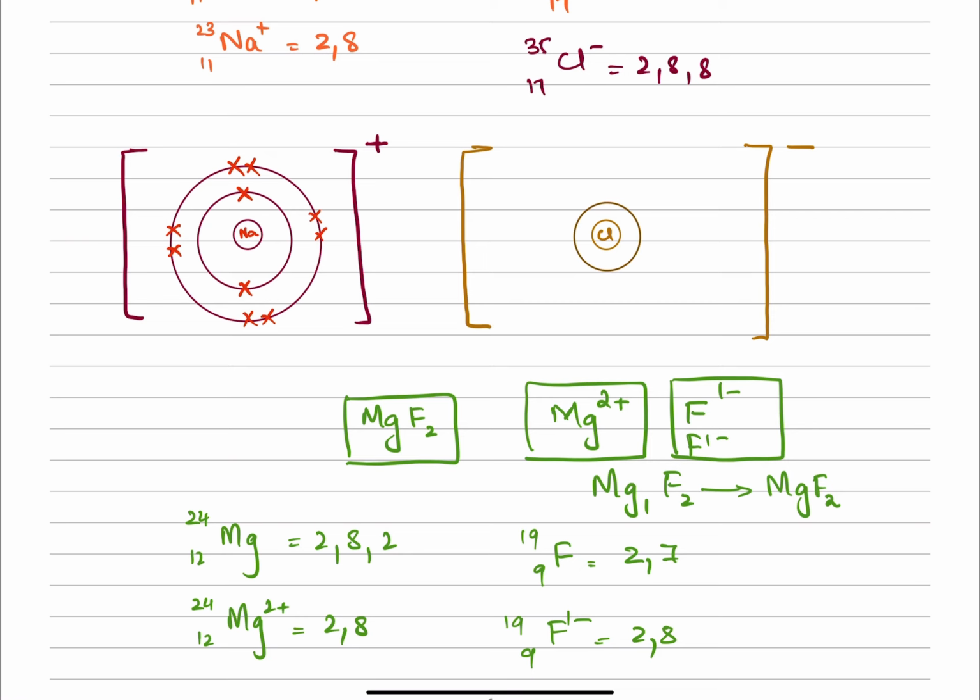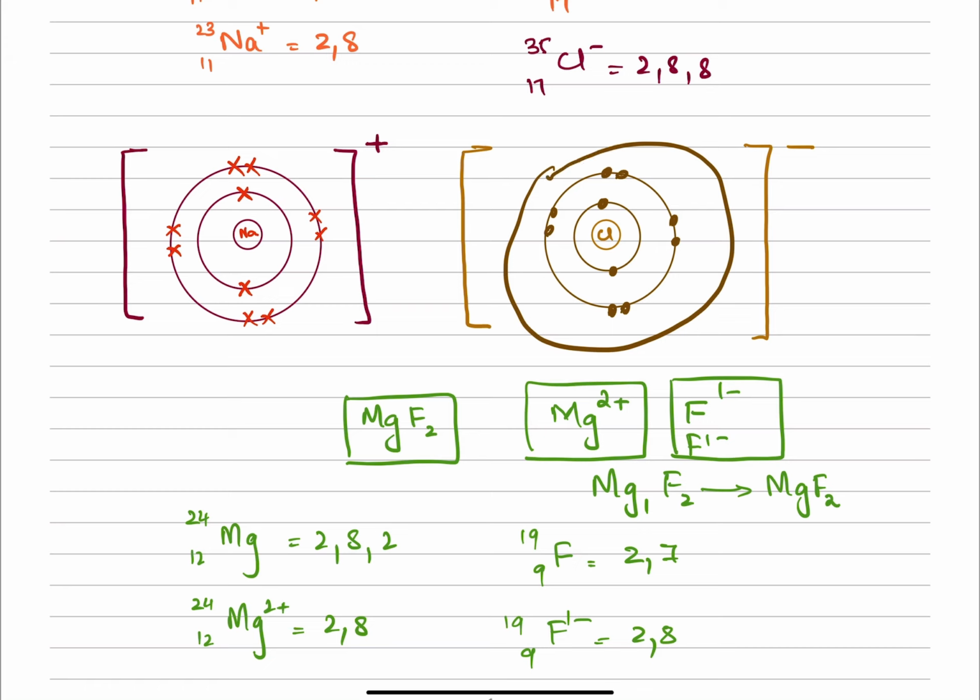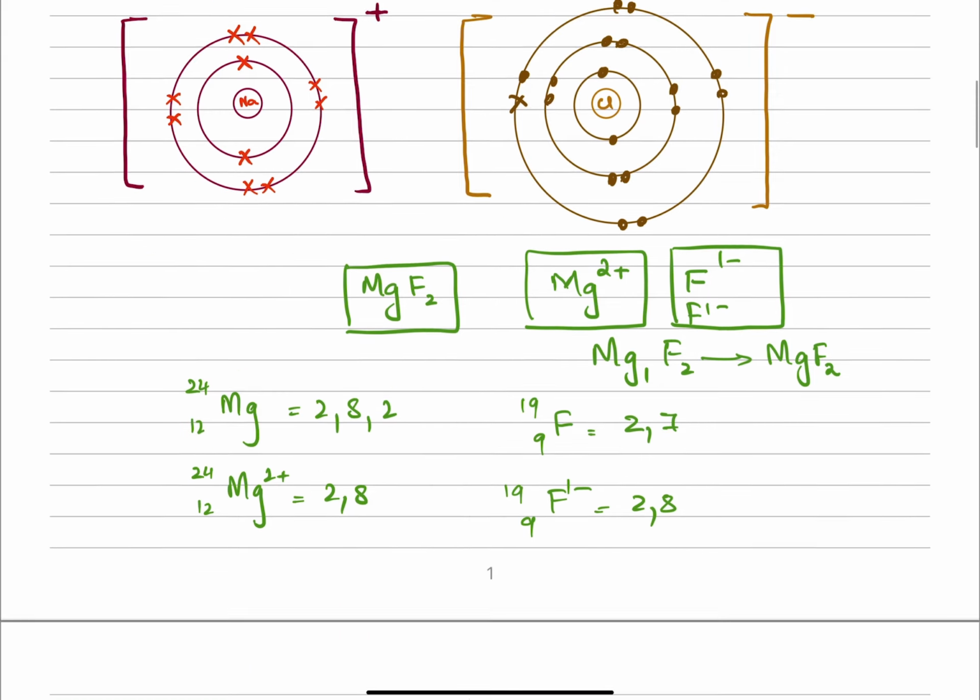So duplet, 2 electrons. Then octet, 1, 2, 3, 4, 5, 6, 7, 8. And then the third shell will also have 8 electrons. So 1, 2, 3, 4, 5, 6, 7, and the 8th electron is coming from magnesium, so that's going to be a cross.